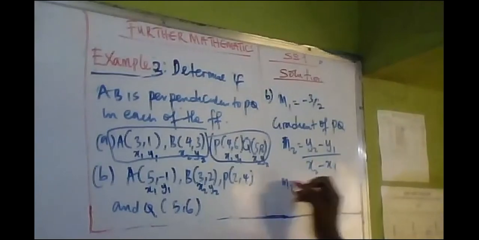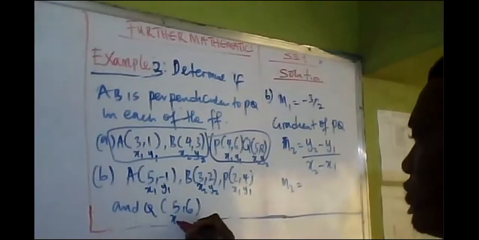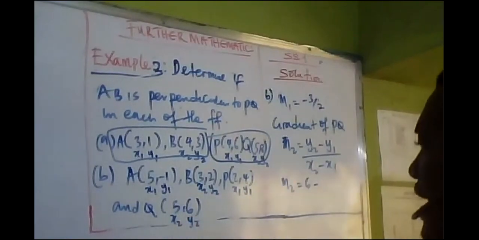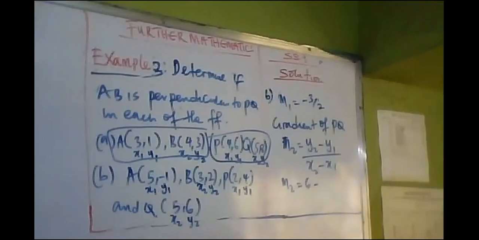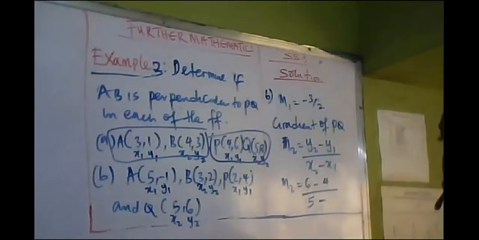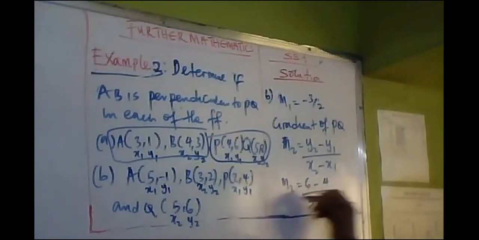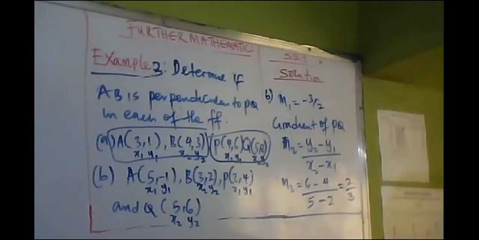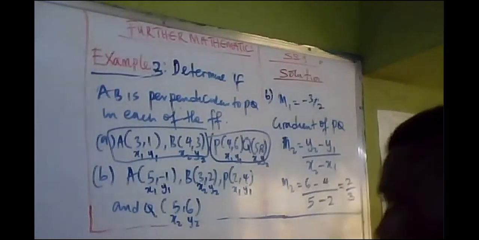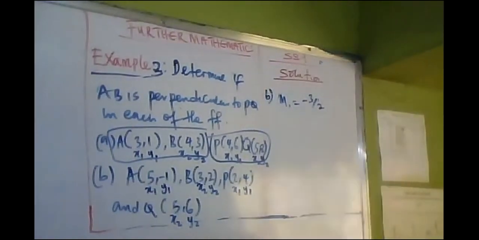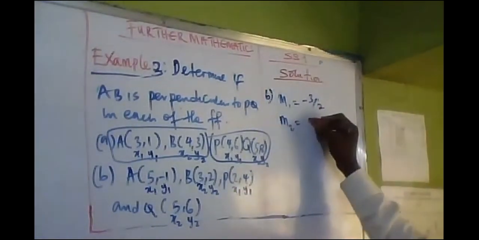This is x1, y1, as usual, x2, y2. y2 is 6 minus y1, which is 4, over x2, which is 5, minus x1, which is 2. That gives 6 minus 4, 2 over 3. So my M2 is 2 over 3.